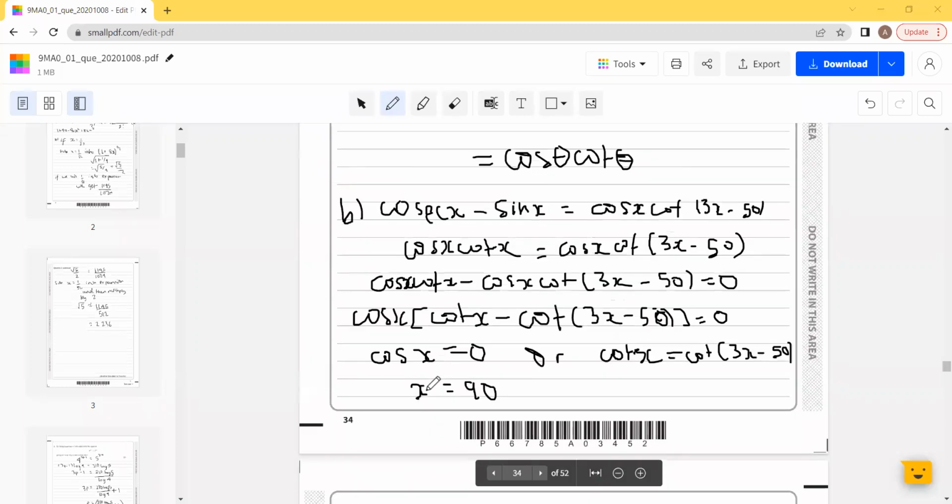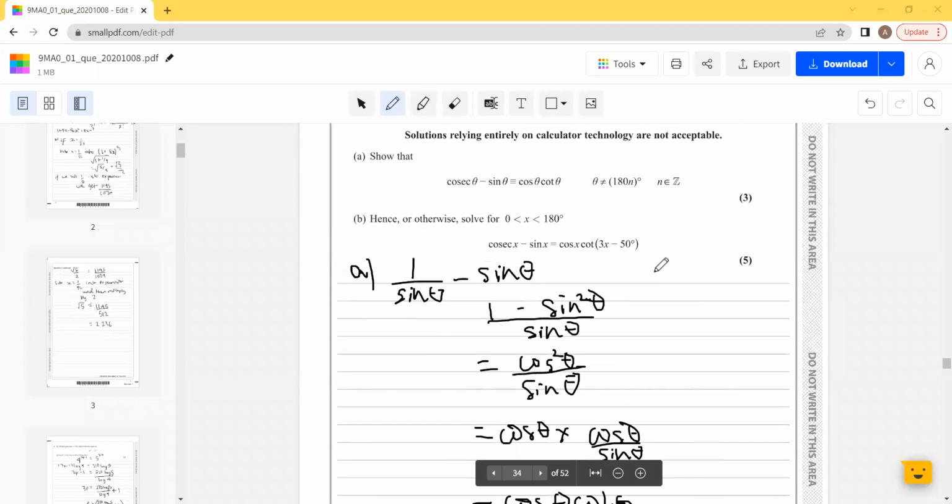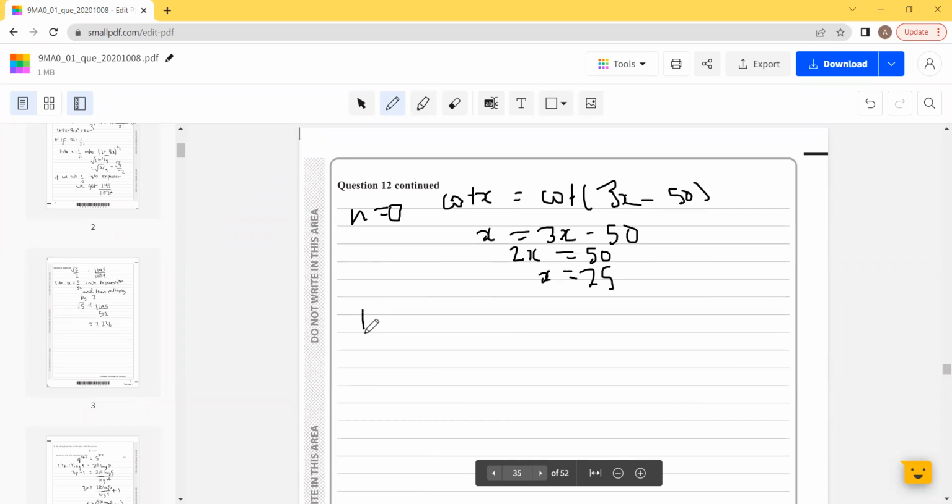Supposing we convert back, if you just think about cot x being equal to 1 over tan x, then we also know that the next values will just be 180n plus 3x minus 50. So if I have n equal to 0, all I've done is said that it's equal to 25, which is fine. What happens if I say n is equal to 1?